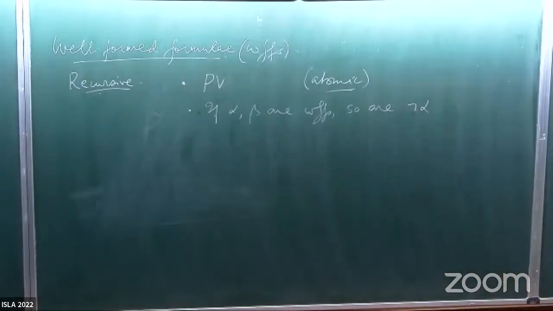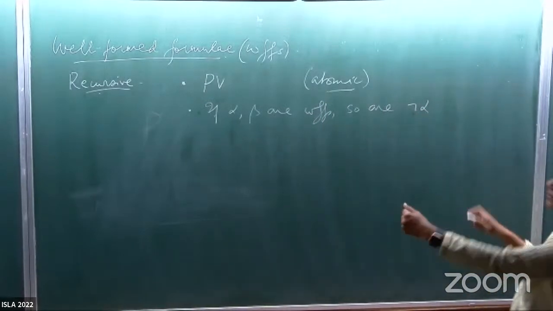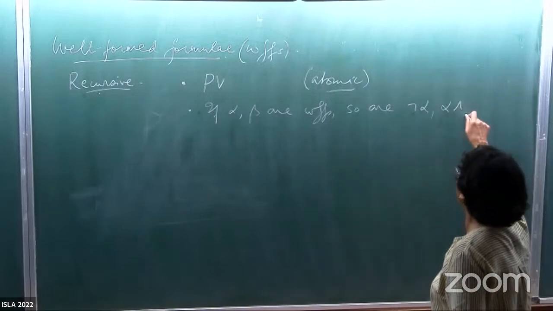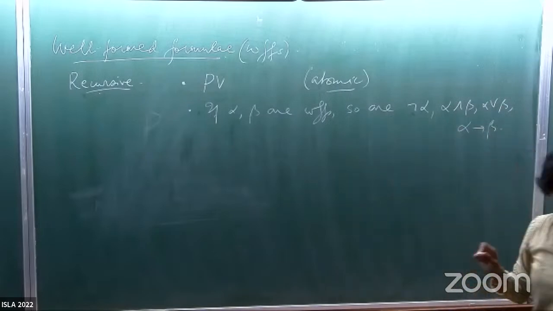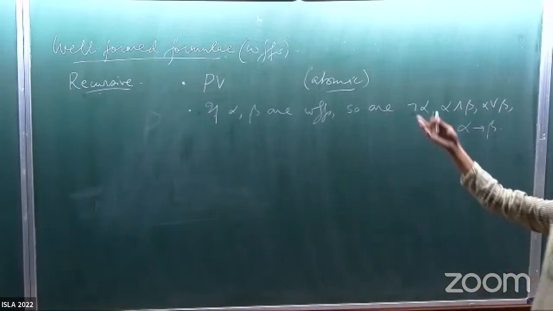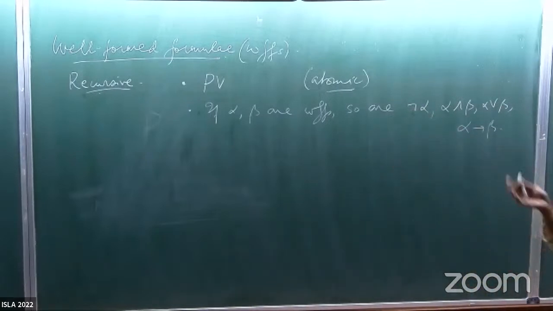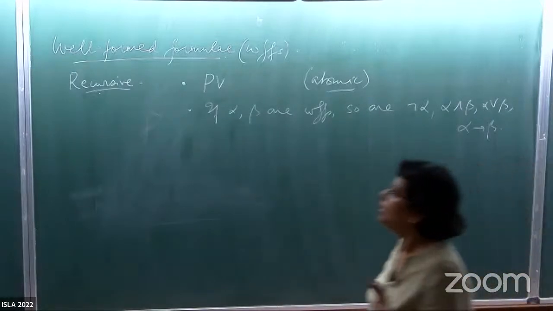It applies on one formula, while the rest are all binary. And so if I've said it's the smallest set of strings which contains this, then that's it. Nothing else can be a well-formed formula. Clear?